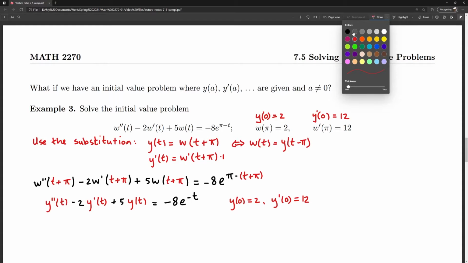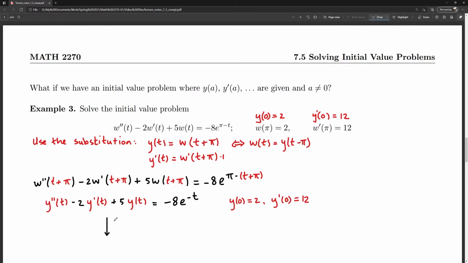So in that example, example 1, we found that y of t is equal to negative e to the power negative t plus 3 e to the power t cosine of 2t plus 4 e to the power t sine of 2t.